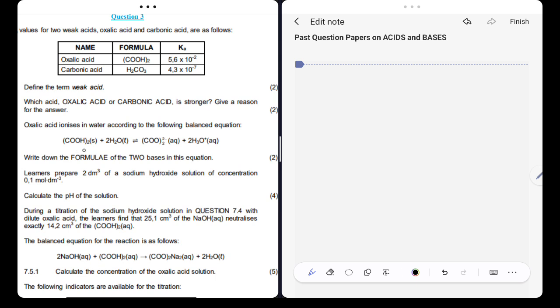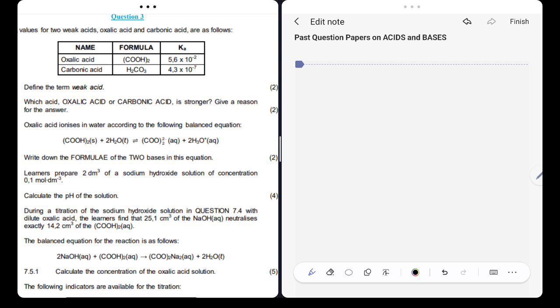The (COOH)2 is the oxalic acid. How do we know that? It ionized in water to give away 2 protons, and then we ended up with (COO)2 2-. So since (COOH)2 is an acid, that means H2O is the base.